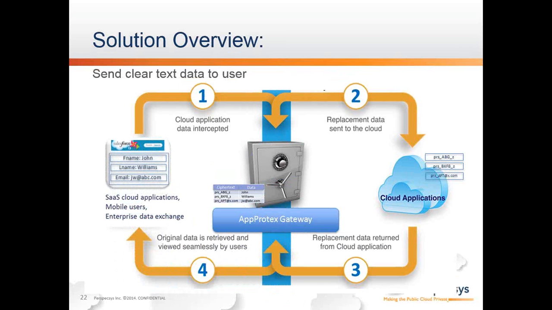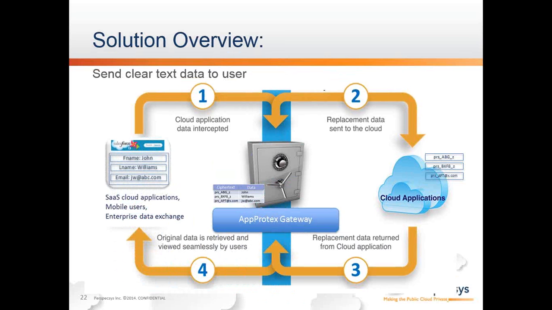So then just another look at making the concept clear. In this particular example, let's say I'm an internal authorized user able to use this particular cloud. I have the ability to access the cloud via the Perspecsys solution, called the Apotex Gateway. On the left-hand side, I can see all the information on this account, Vestige Tech, in all of its clarity.